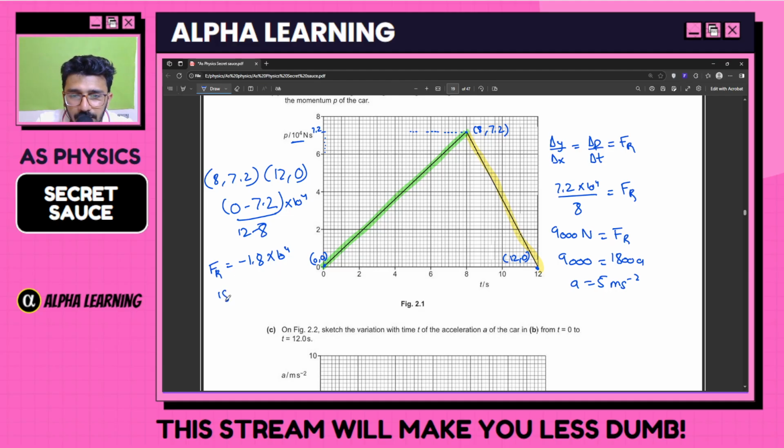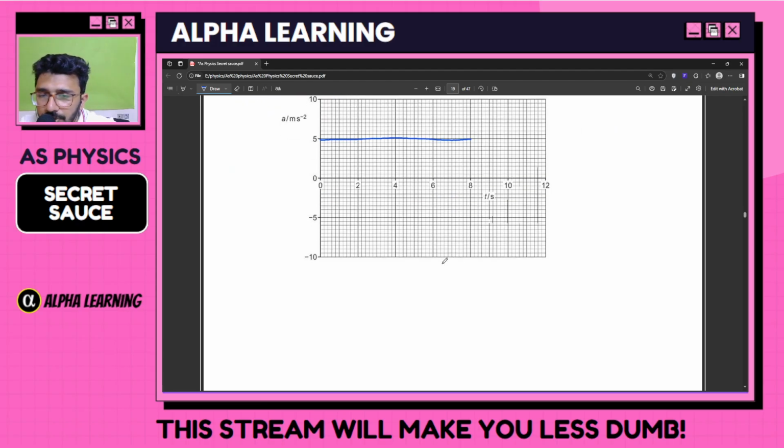Mass is 1800 into acceleration is equal to negative 1.8 into 10 to the power of 4. So negative 1.8 into 10 to the power of 4 divided by 1800. Acceleration comes out to be negative 10 m/s². So yeah, for the last 4 seconds you will have an acceleration of negative 10 like this.